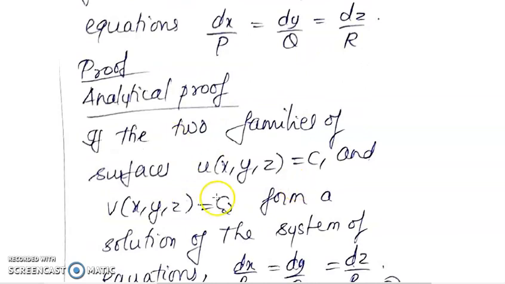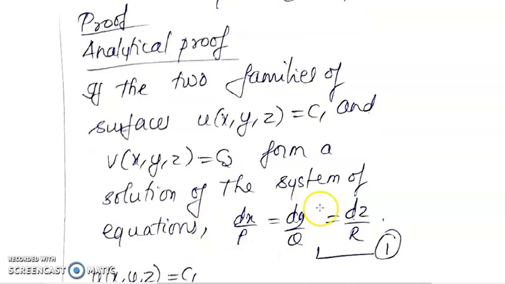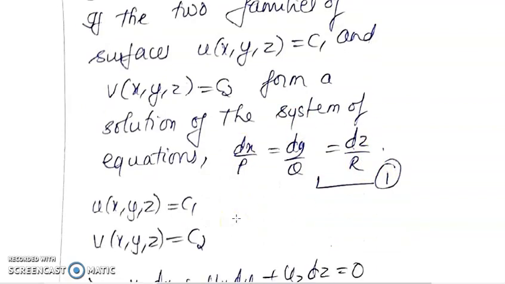So we'll start with u equal to c1 and v equal to c2. We know that they are the solutions of the equation dx by P equal to dy by Q equal to dz by R, so u and v are solutions of equation 1. Now you have u equal to c1 and v equal to c2.